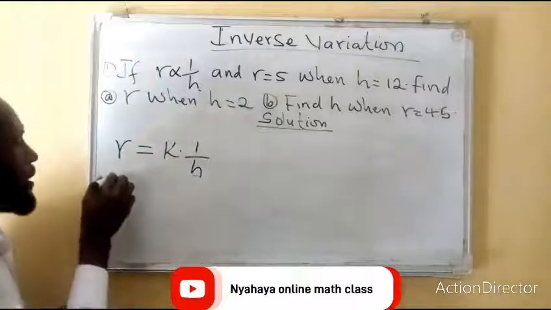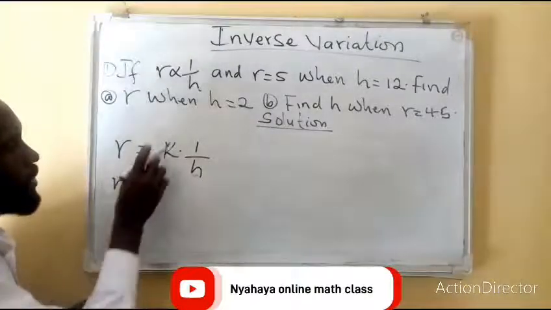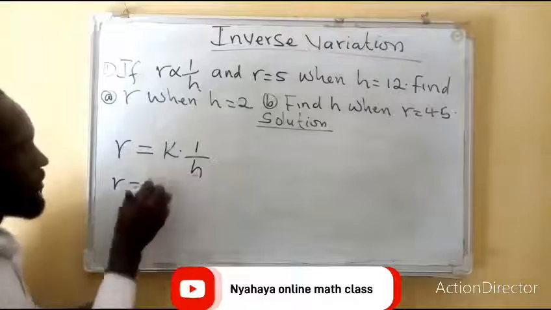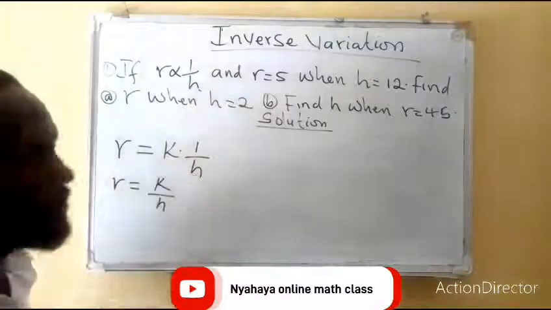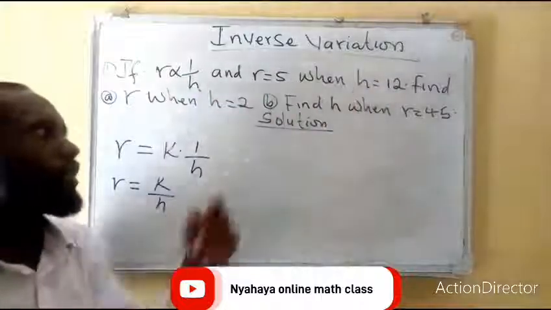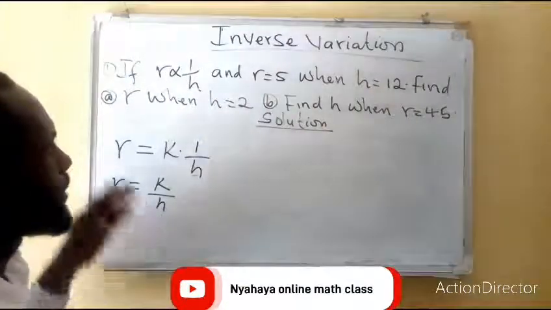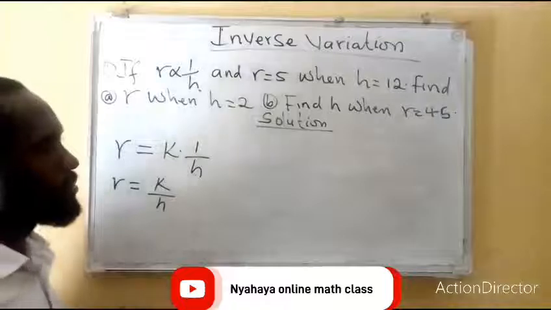So R is equal to K times 1 is K, so we write K over H. From here, we substitute in the values of our variables, that is R is 5, H is 12.